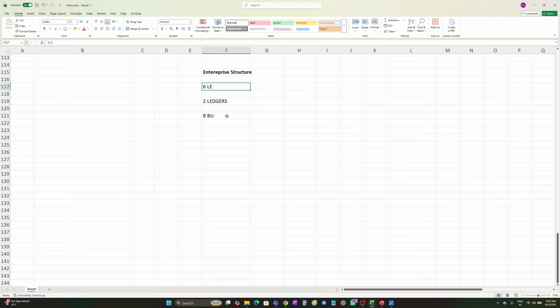Our answer needs to be like this. Before you define the six legal entities, the interviewer always asks which countries you are doing business in. For six legal entities, for each legal entity, you need to assign one country.